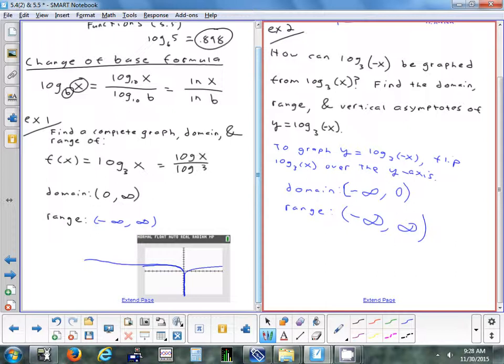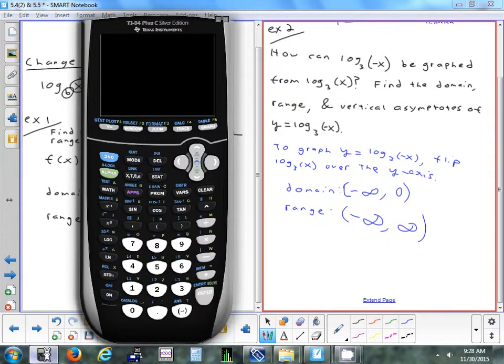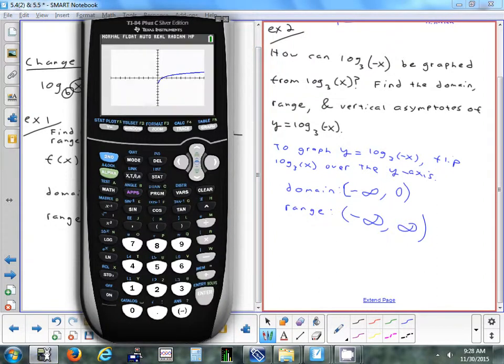Okay, and did our vertical asymptote move? No. Horizontal one did. There's a vertical, again, the calculator doesn't show it very well, but there's a vertical asymptote right on the y-axis. It will never touch that. It'll get close, but it won't touch it.